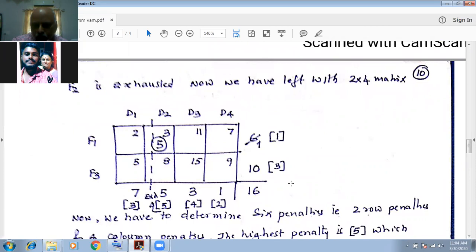So I have 2 row penalties and 4 column penalties, which means I have to determine 6 penalties now. As usual, the penalty is the difference of the least cost and the next least cost.